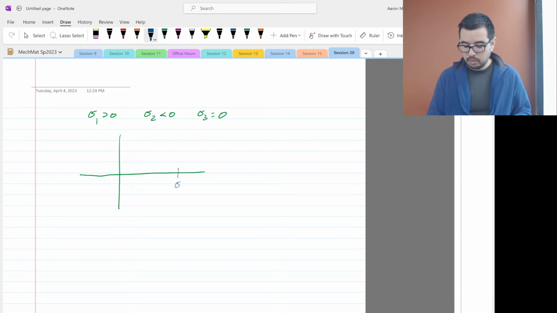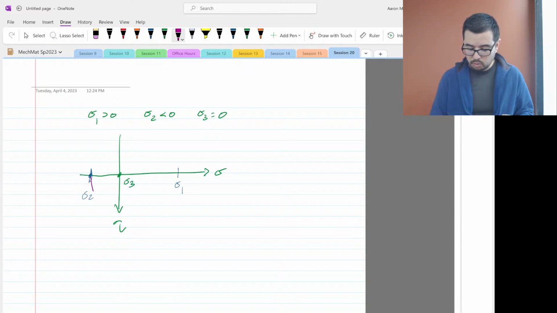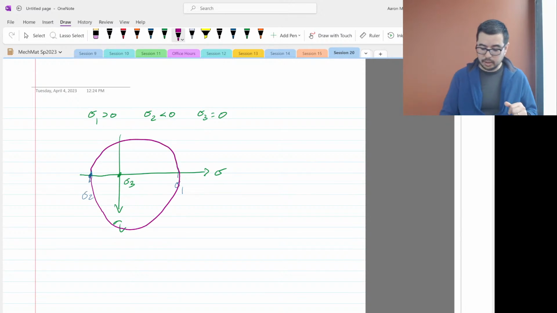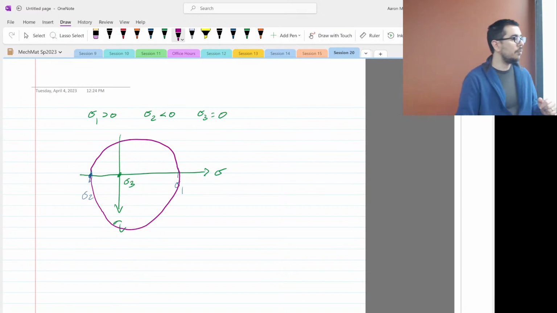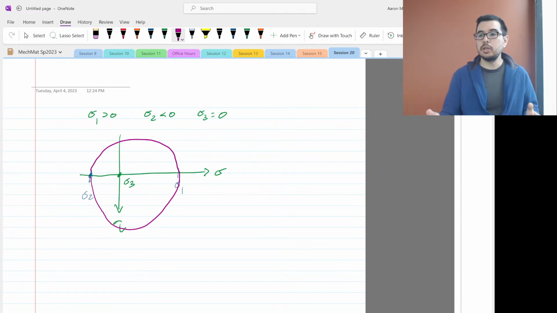I got a sigma 1 out here somewhere, a sigma 2 out here, and sigma 3 right here. So when I draw the Mohr circles in this case, the one that's going to give me the largest is this one, the largest Mohr circle.